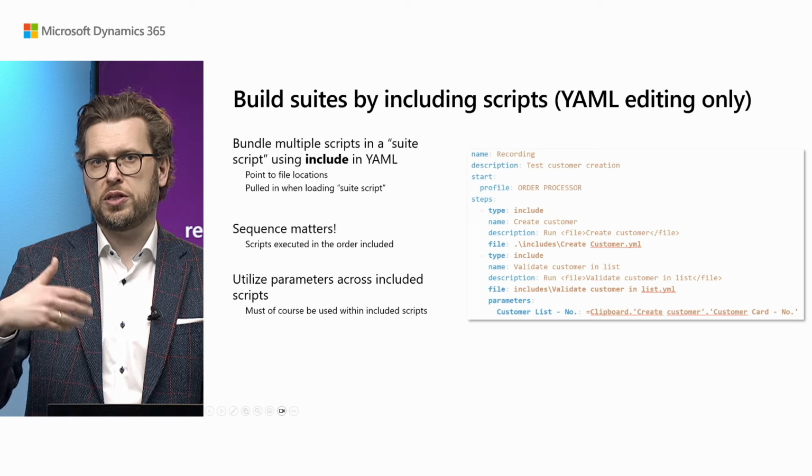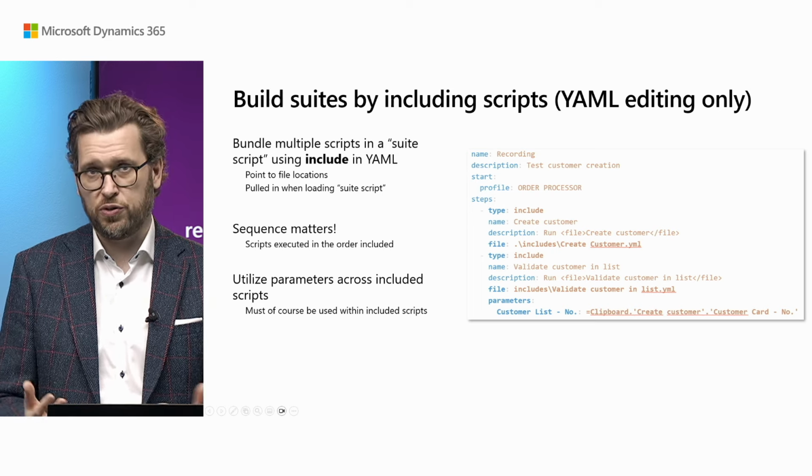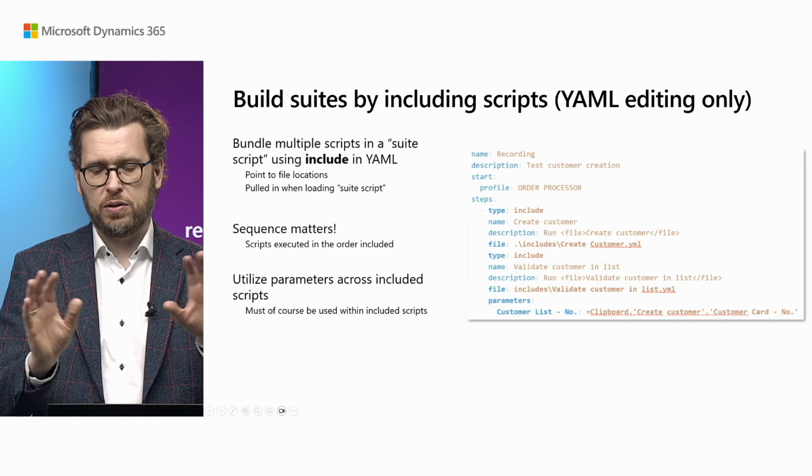Of course, the scripts that you include need to use those parameters as well for this to work, right? So basically, you have separate scripts, and then you create a new script which only caters for being the suite, and that's the one you execute, and on load time, it will pull in the other included scripts.